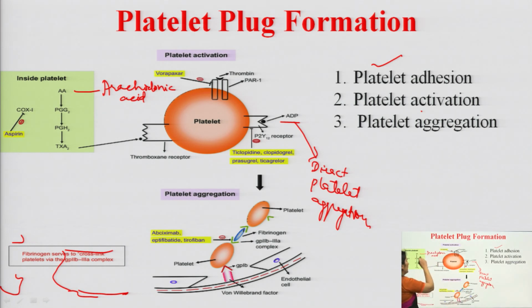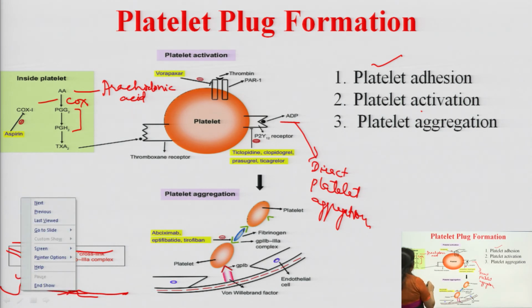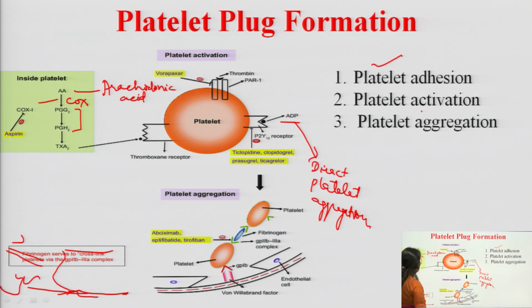Second, arachidonic acid in the presence of cyclooxygenase will convert into PGG2 and PGH2. These are unstable prostaglandins, which are further converted into thromboxane, and this thromboxane is responsible for platelet aggregation.